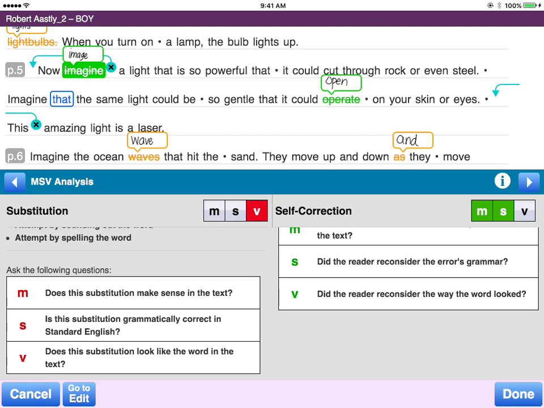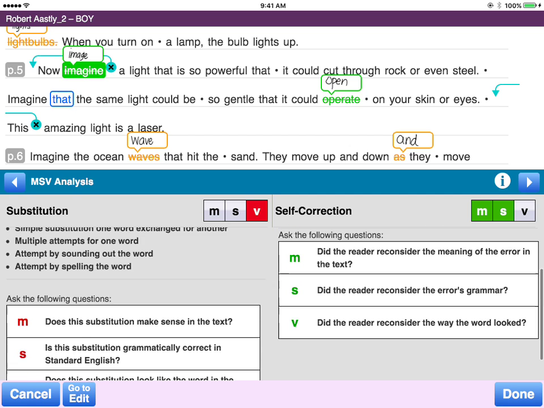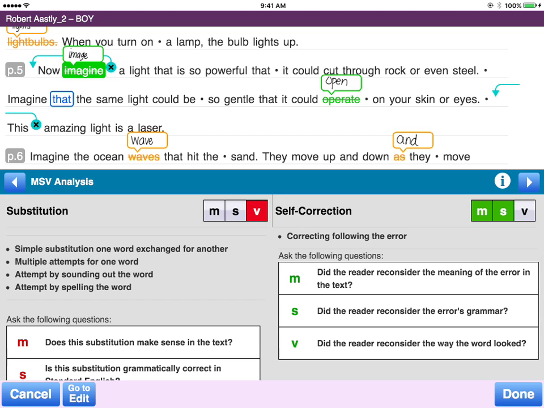Now image. No. Was the miscue a visual? When that word was substituted, now image, did it visually look like the word? And it did. However, the student went back and self-corrected and said imagine.